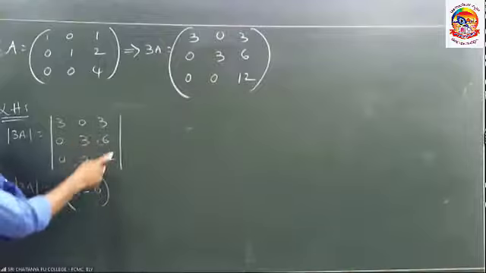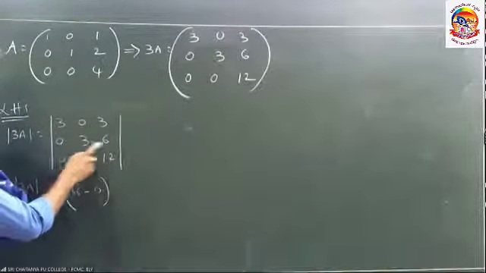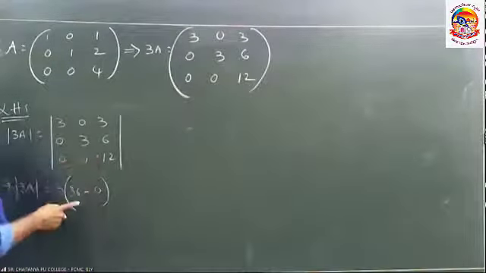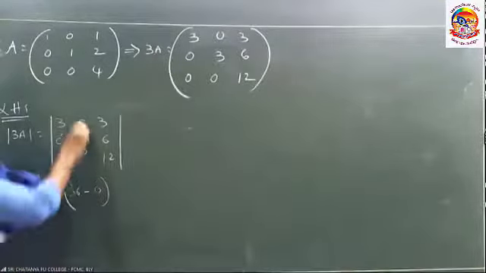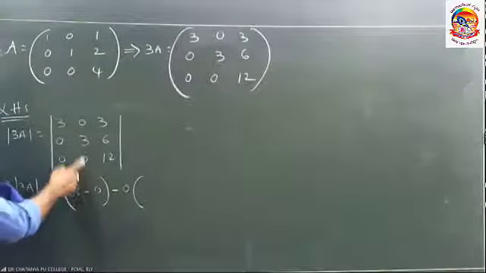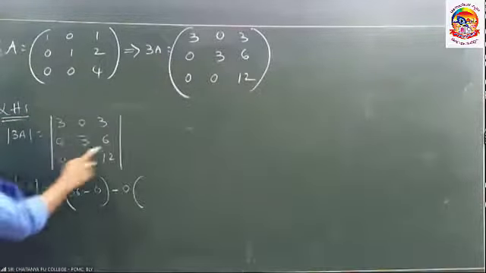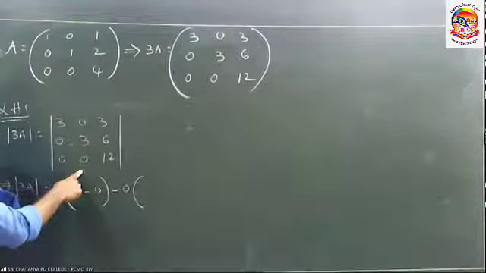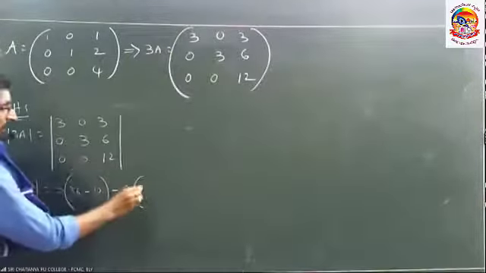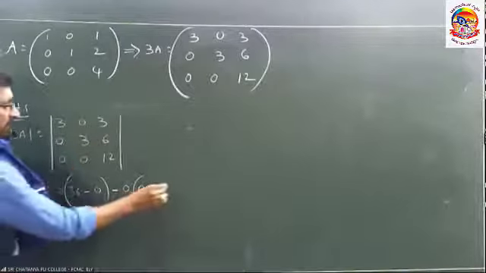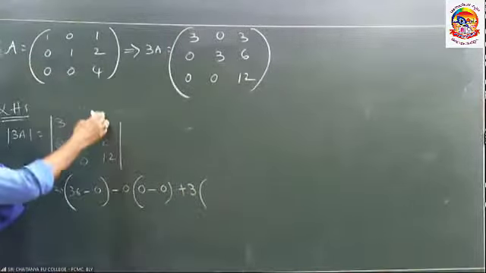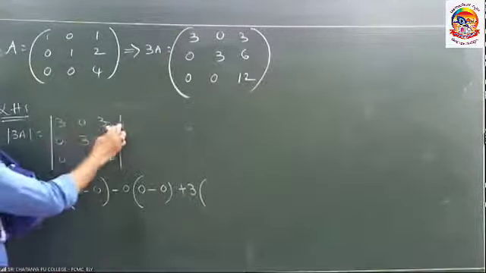Find the det of these 4 elements by considering A, B, C, D. You are going to get AD, 36, minus BC, minus 0 into, excluding this column and this row, you will have these 4 elements. 0 into 12, 0, minus 0 into 6, obviously 0, plus 3 into this element, exclude this column and this row.